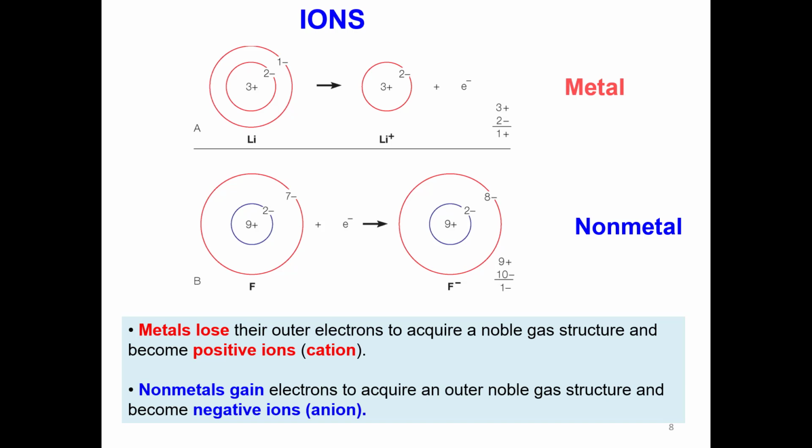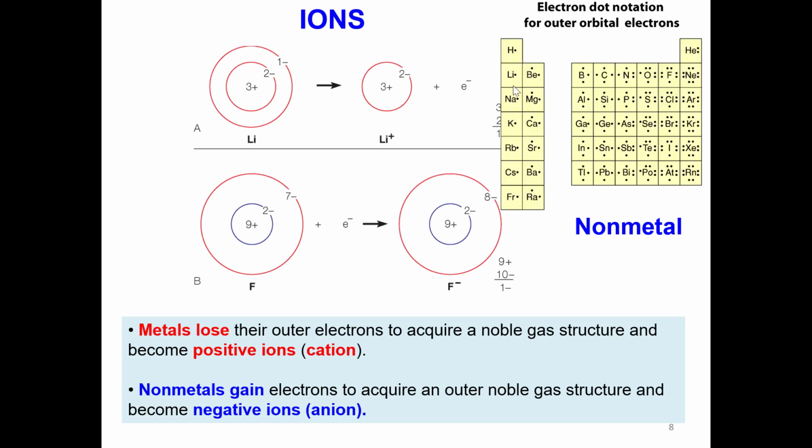And now let's talk about the ions we discussed last time, but let's review again. In this case we have lithium. Let's check what happens with lithium. Lithium is number 3, and it has 1 electron in the last shell, as indicated here.